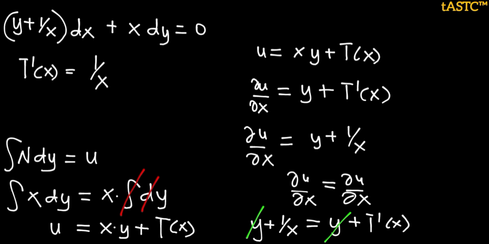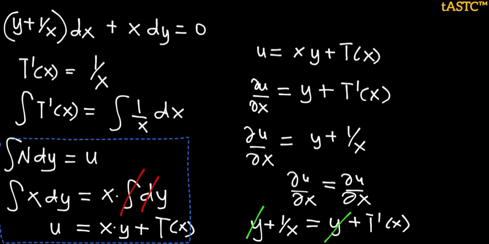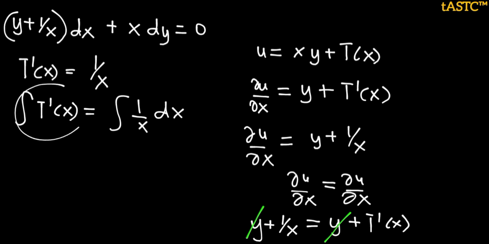Now, as usual, we need to integrate both sides with respect to x. So this is going to be the integral of t prime of x, and on this side, the integral of 1 over x dx. Now this is going to give us t of x, and on this side, the integral of 1 over x, which is obviously ln x.